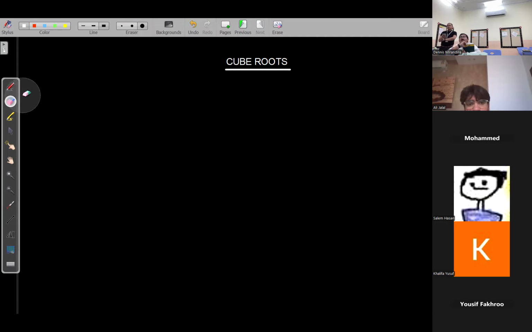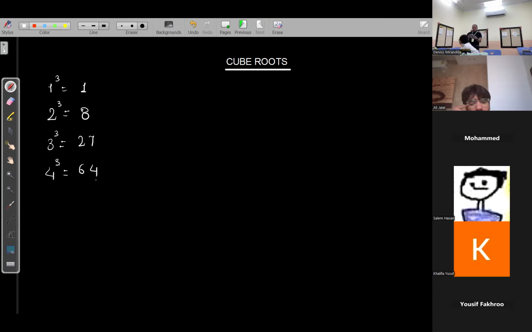Now, as we did for square roots, quickly let us write down the cubes of single digits. What is 1 cube? 1. What is 2 cube? 8. What is 3 cube? 27. What is 4 cube? 64. What is 5 cube?